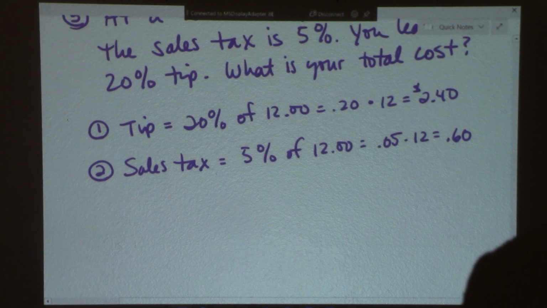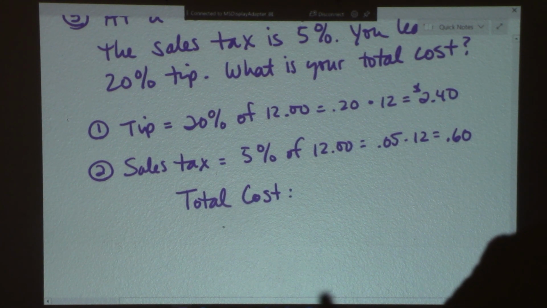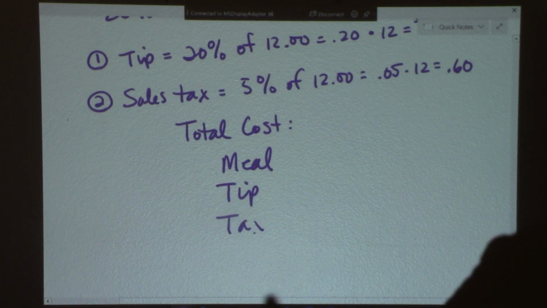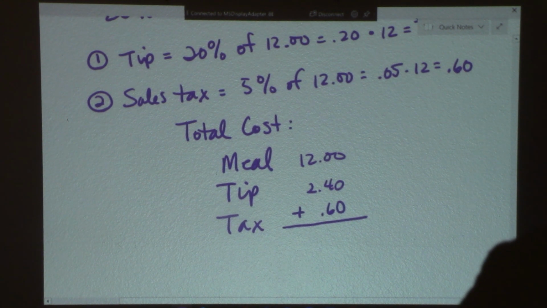All right. So now my total cost is going to be 3 things. I'm going to have the meal, I'm going to have the tip, and I'm going to have the tax. So I have all 3. So I have $12 and $2.40 and 60 cents, and I'm going to add them all together.